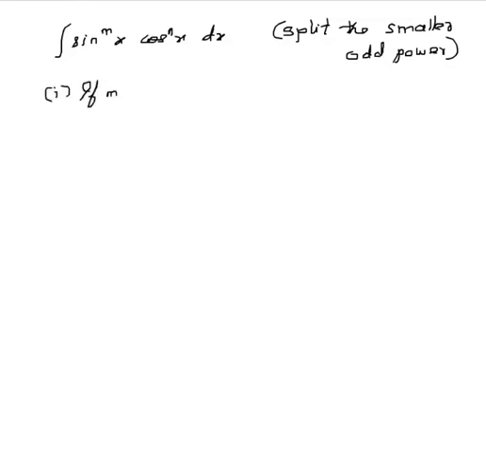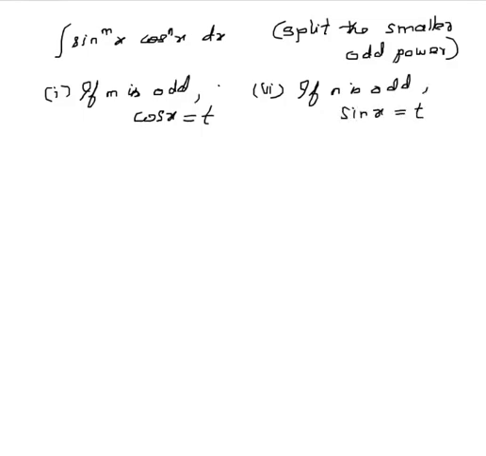And if m is odd, substitute cos x as t. Whereas if n is odd, substitute sin x as t. This is the method.